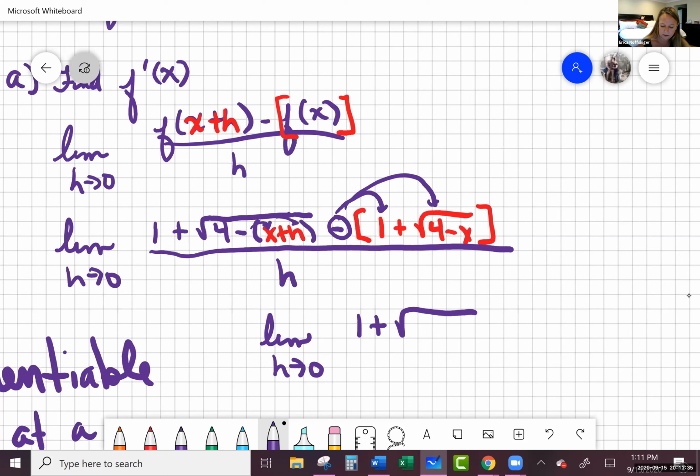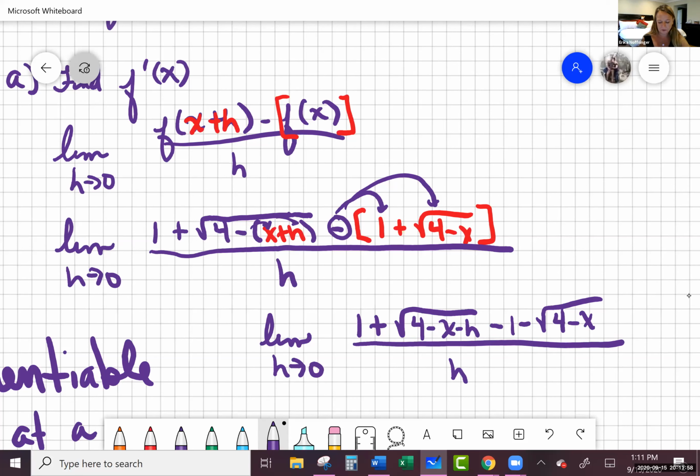So this gives me 4 minus x minus h. And distributing that negative here, we get minus 1 minus the square root of 4 minus x all over h. So things start to cancel. This positive 1 here and this negative 1 cancel.